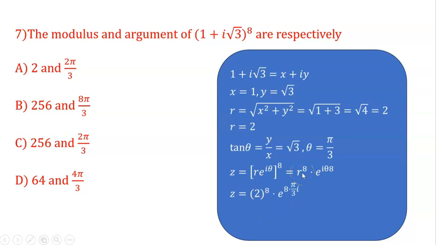What is the value of r? r is 2, so 2 raised to 8 means 256. Out of these two options, one of them may be correct. Now we find the angle, that is e raised to 8 pi by 3 into i, and hence the value of theta is 8 pi by 3, and hence option B is correct here.